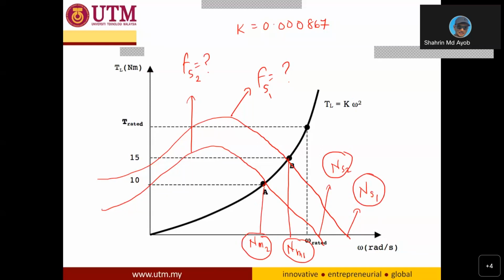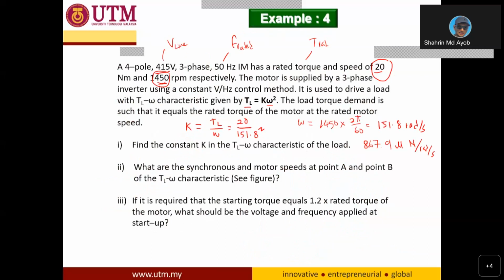Macam mana? How to get? Soalan dia ni. Top speed?